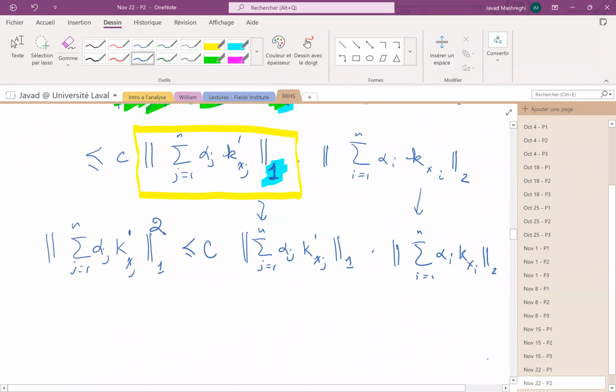Now we can remove one of these and just obtain that the norm of the sum is less than or equal to C times the norm of the sum of alpha i k_xi in space 2.